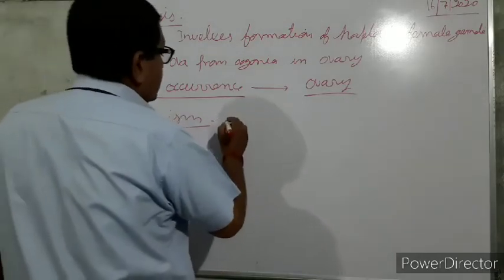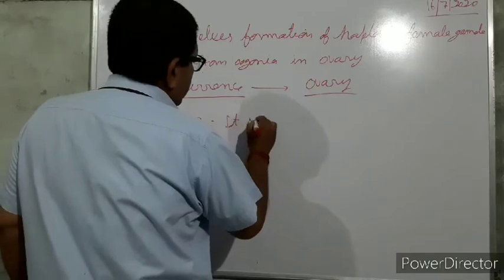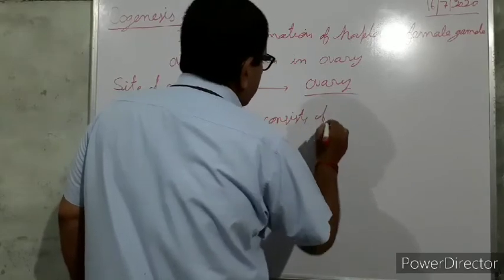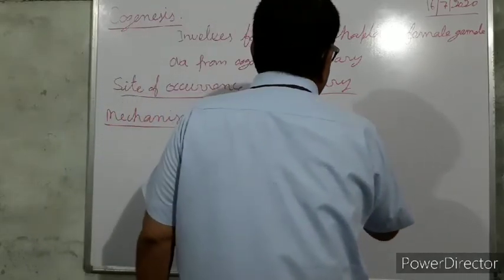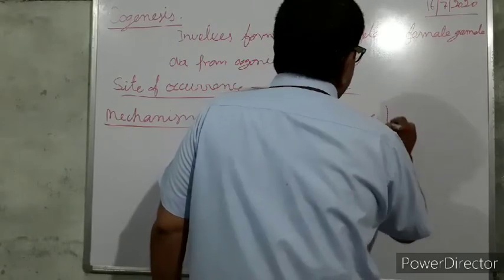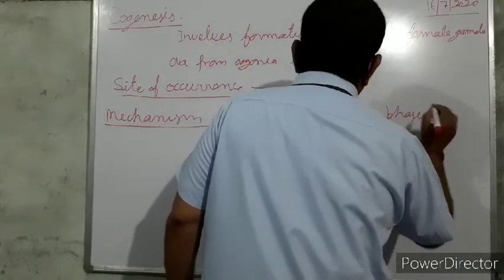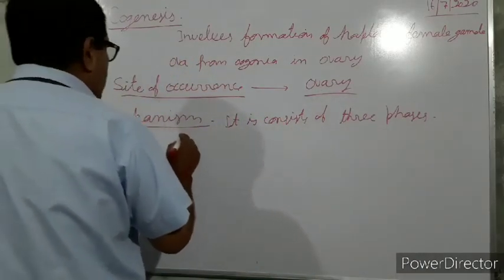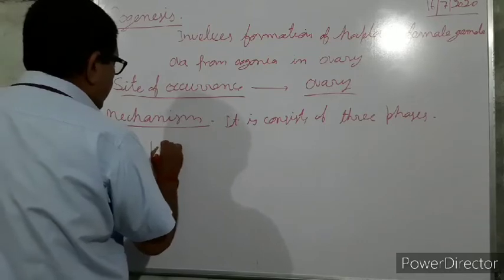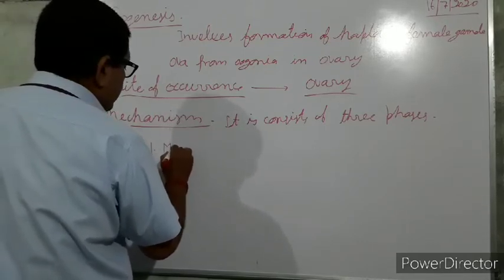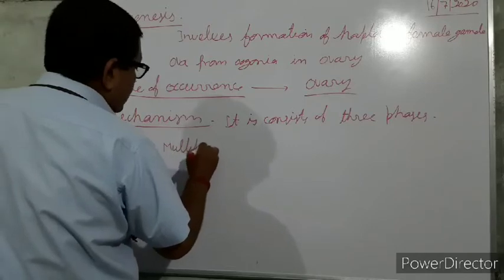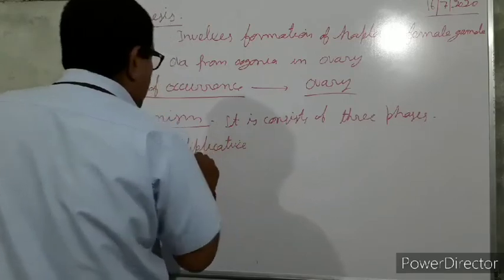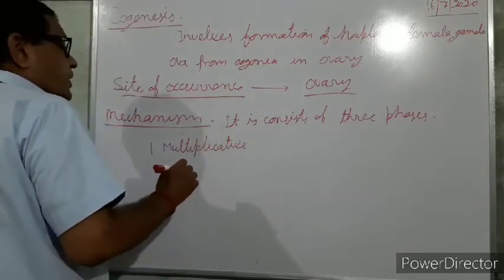It consists of three phases. Number one is the multiplicative phase.